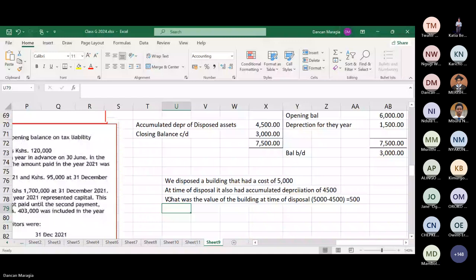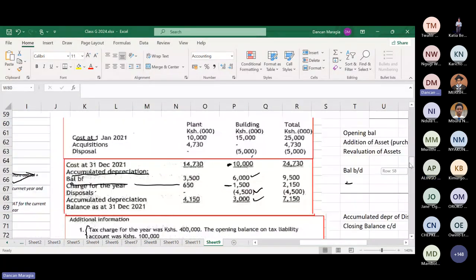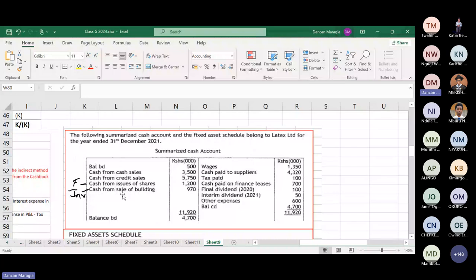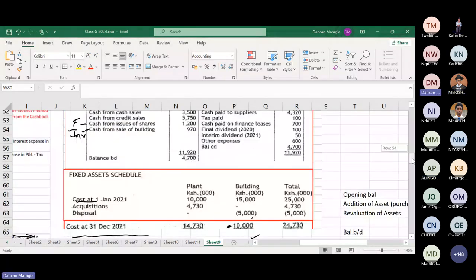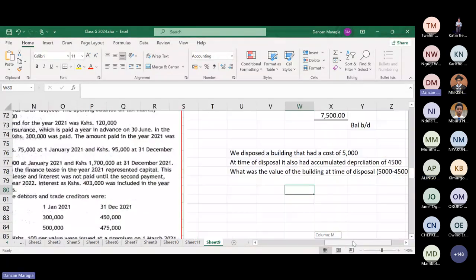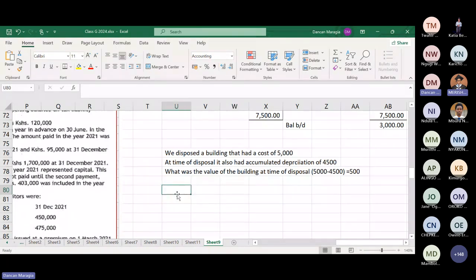Up to there, we are good. Then, this building we disposed. In our cash book, we can see there was cash we received from the sale of a building. How much? 970. What does that mean now? When you dispose the building, we got a profit.